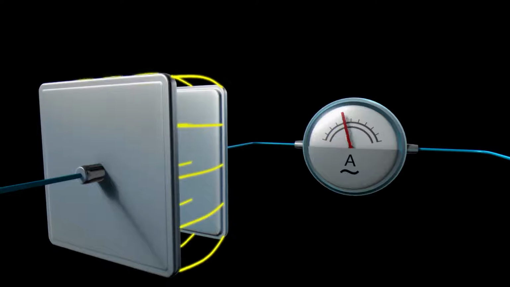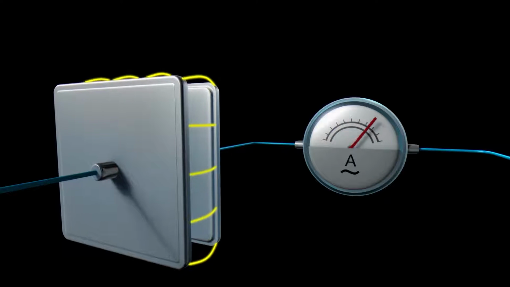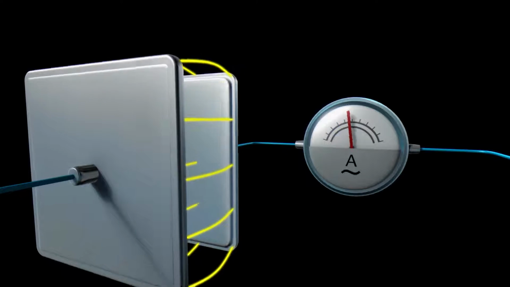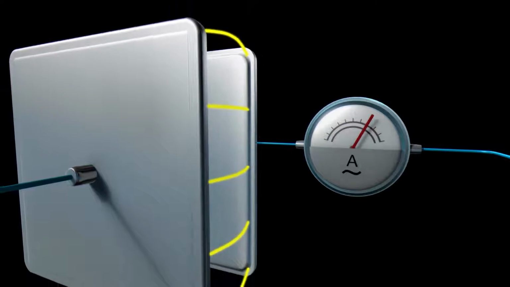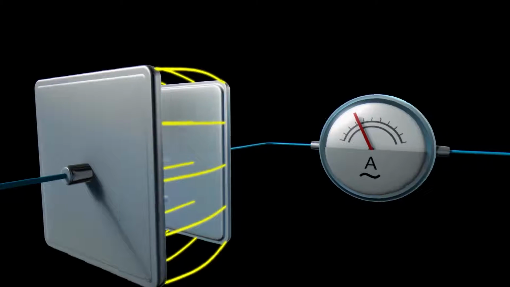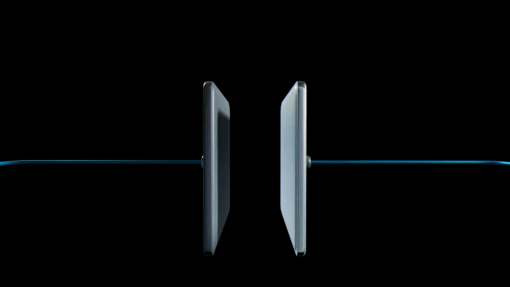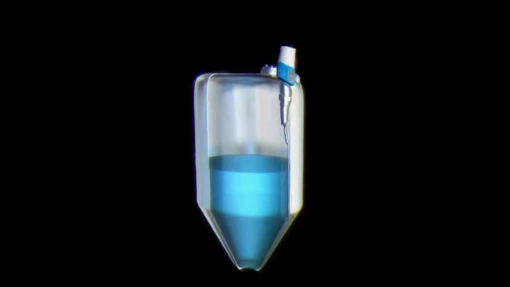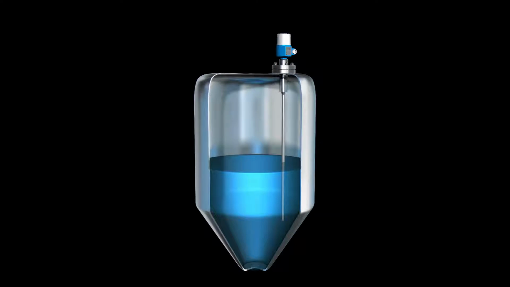In addition, the current flow may be affected by the distance and size of the plates. These characteristics of a capacitor constitute the basis of the measuring principle of capacitive level measurement. The electrically conductive tank wall and a probe inside of the tank form a capacitor, the capacity changes of which are used to determine the level.